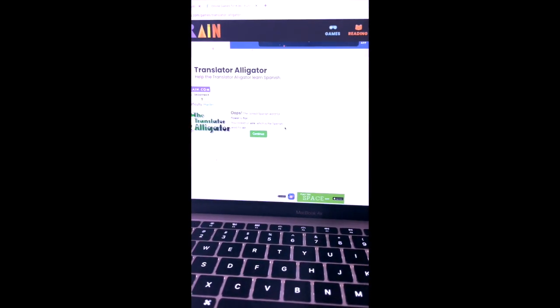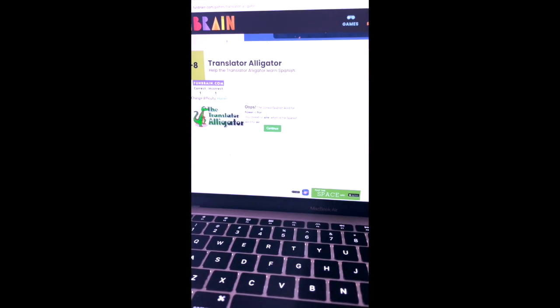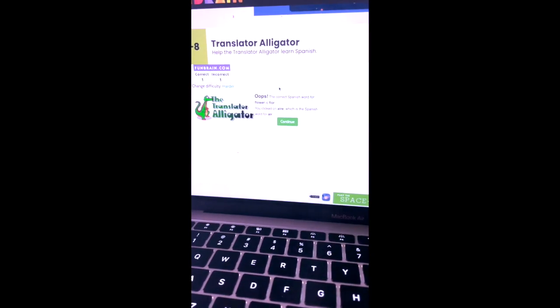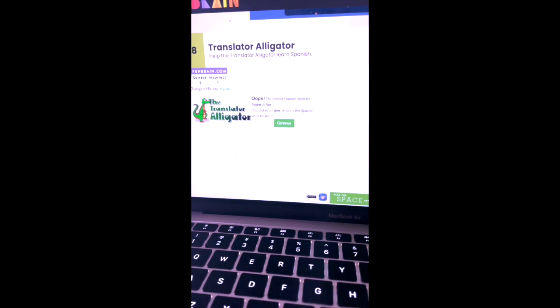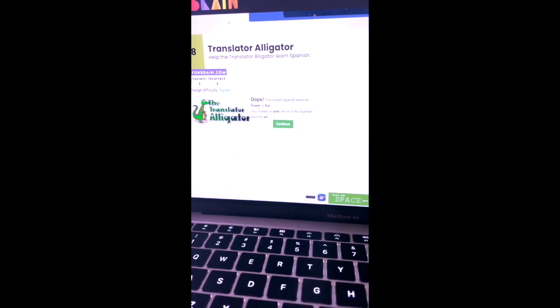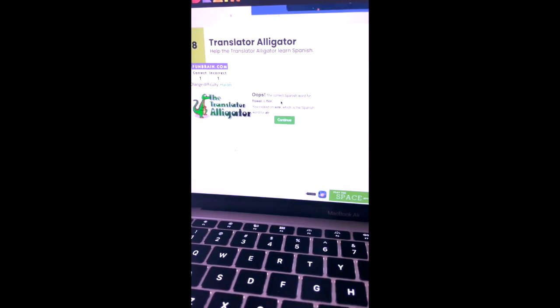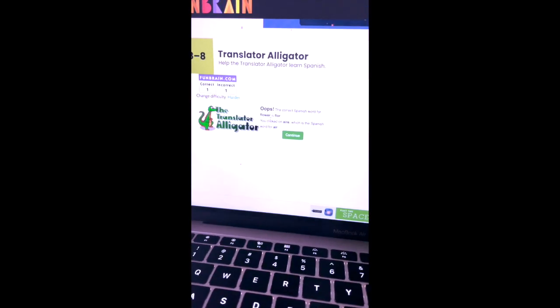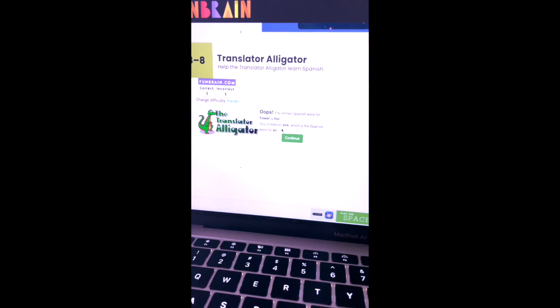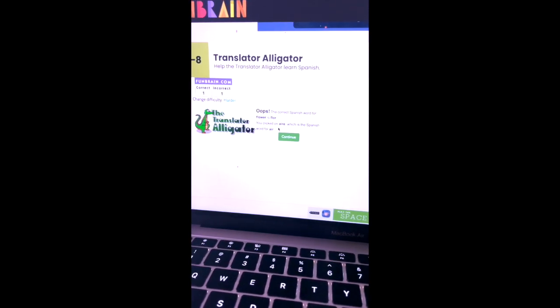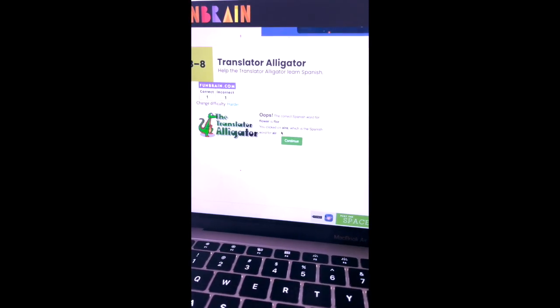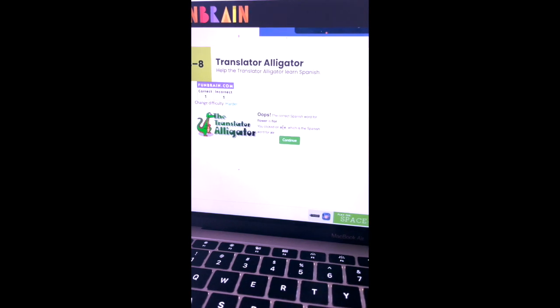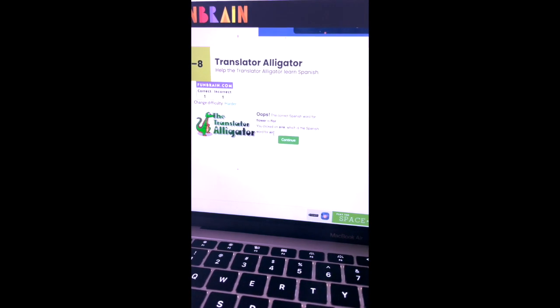So when you get the word incorrect, it's gonna show you which was the correct answer. In this case it is floor, and it shows you the translation. Flower is floor, and then on the bottom it shows you the answer that you chose, but it was wrong, and it also shows you its translation.